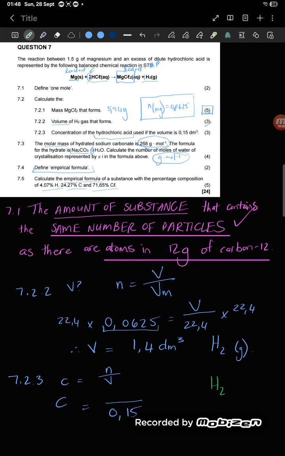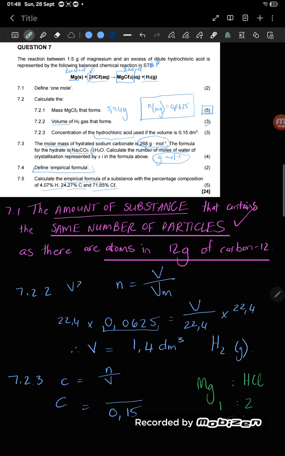Mg to hydrochloric acid. We can take reactants to reactants, reactants to products. If I take this Mg and put it in a ratio to hydrochloric acid, my Mg is going to be 1. Hydrochloric acid is going to be 2 because of my coefficient there. So this is going to be 0.0625.